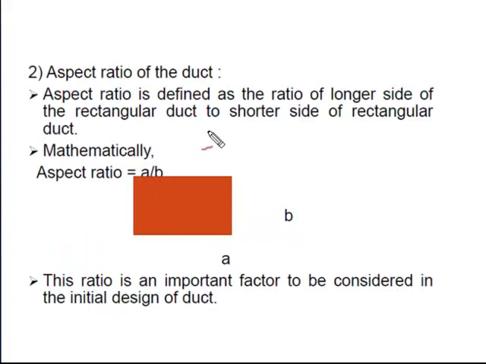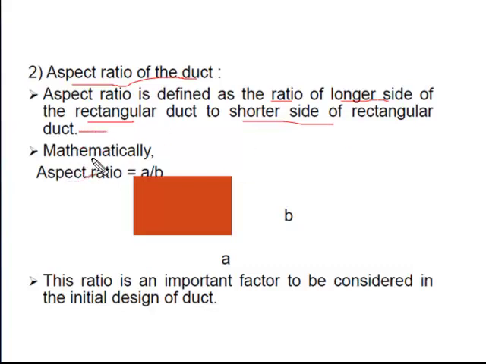This is the second influencing parameter for economic factors: the aspect ratio of the duct. Aspect ratio is defined as the ratio of the larger side of the rectangular duct to the shorter side of the rectangular duct.